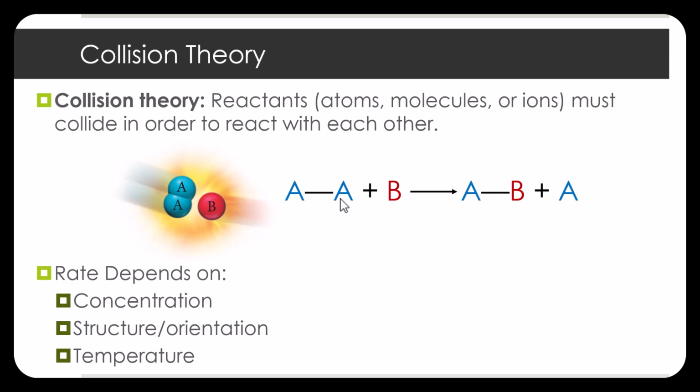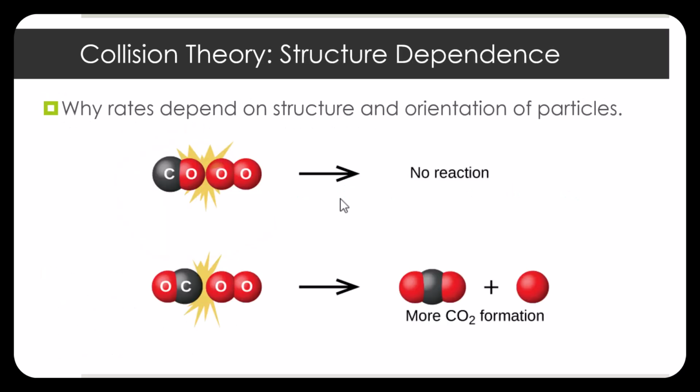For the remainder of this video, we're going to talk about how structure and orientation affect the rate. As I alluded to, when these chemical reactions take place, they have to collide in the correct format.